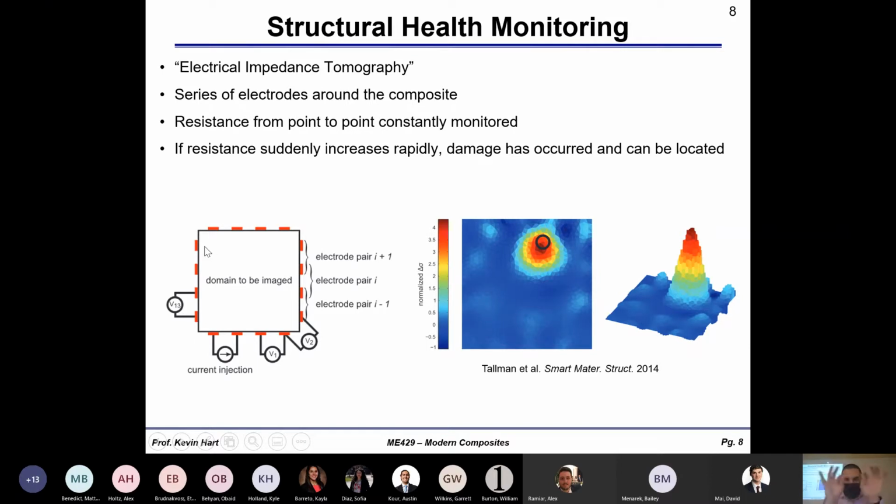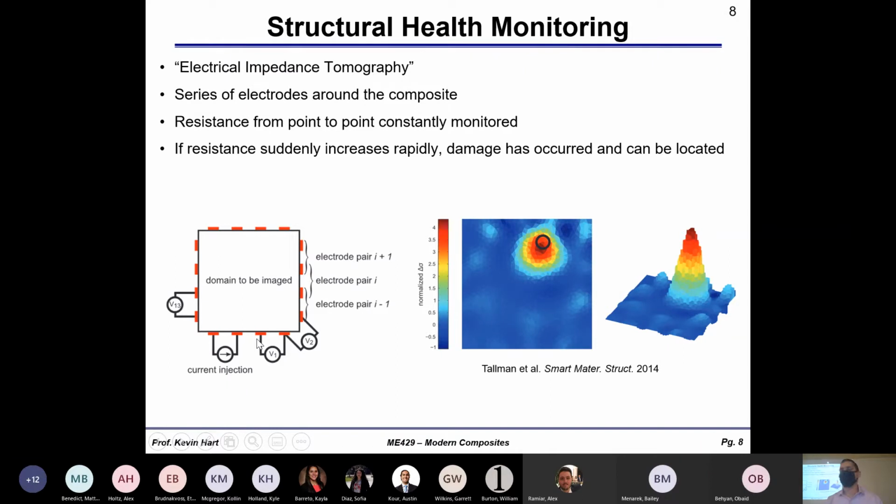And so we can decorate the outside of the laminate with a series of electrodes. That's what these red rectangles are meant to represent. They're meant to represent electrodes, one side of an electrical pair. The idea here is that you can hook up voltage sources across all of these electrodes and more or less measure the conductivity between one electrode and all of the other ones that decorate the boundary.